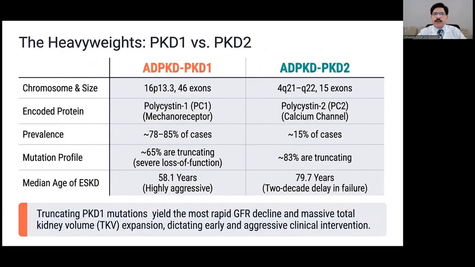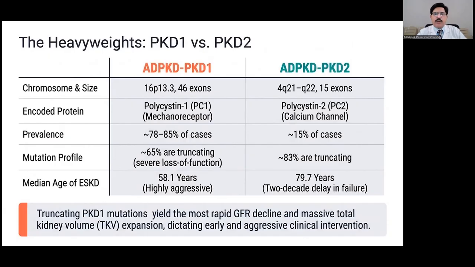Whereas PKD2 is on 4q21, 22, 51 kb. The encoded protein here is polycystin 1, that's why this is called PC1, which is a mechanoreceptor. Whereas in PKD2, it is polycystin 2 or PC2, which is the calcium channel problem.